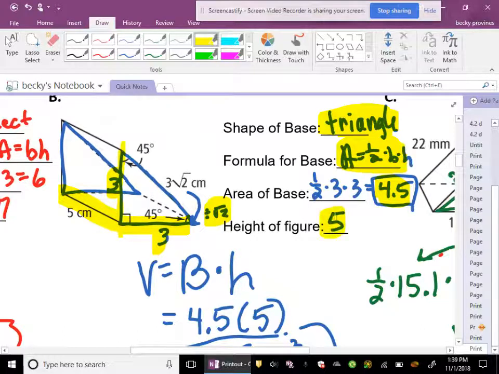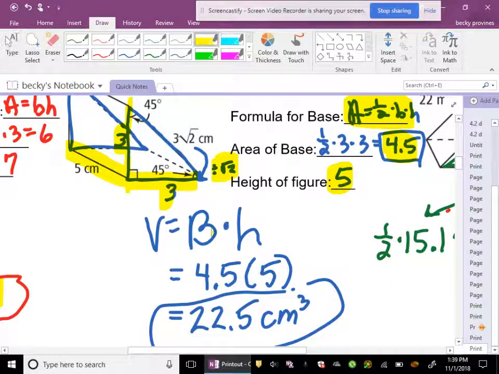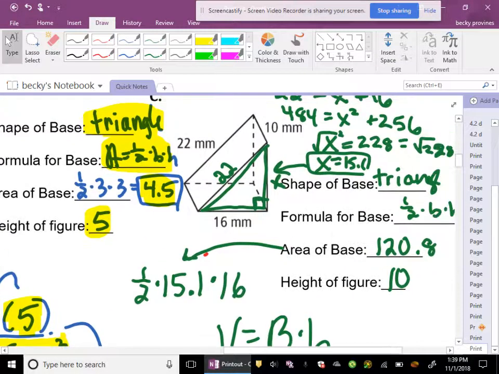So the height is 5. So we're going to do base times height. Now you already found the base. It's 4.5. You're going to multiply by how far apart they are, which is 5. So I get 22.5 centimeters cubed. And that's it. So much easier than the last class.